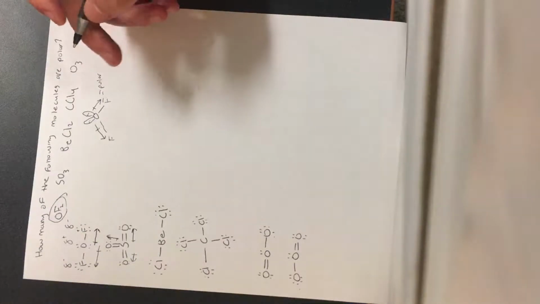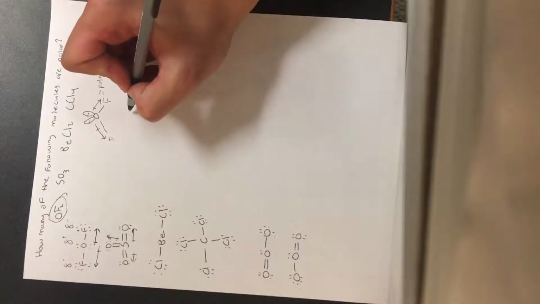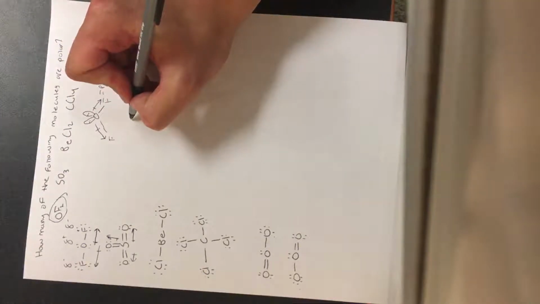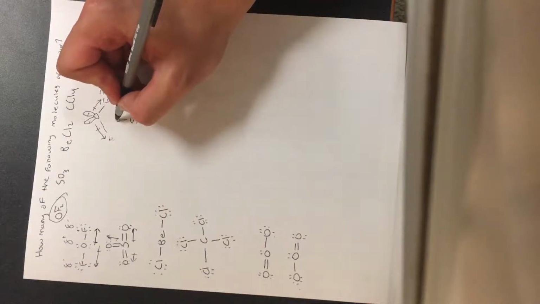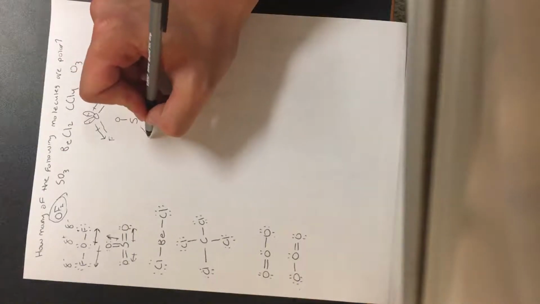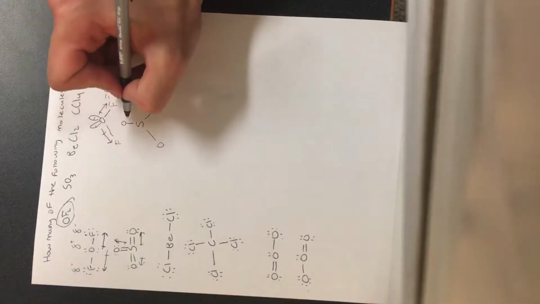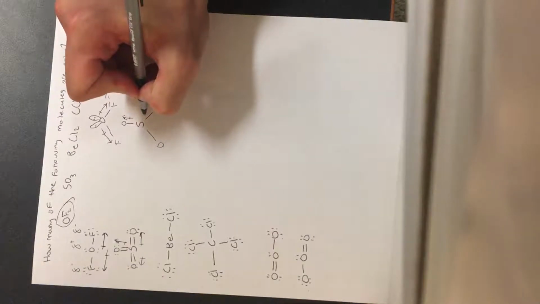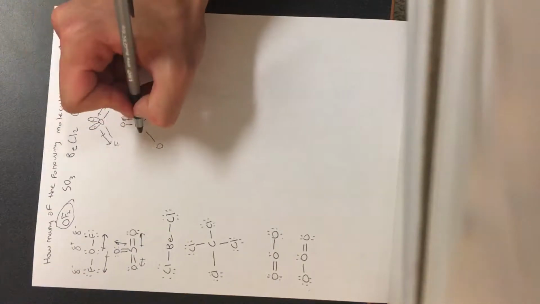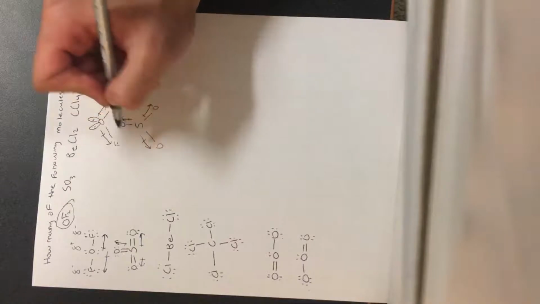So, let's draw the molecular geometry for this one. This one appears to be a trigonal planar. Yes, trigonal planar. And so here we go. And then draw the dipoles that we've already found.